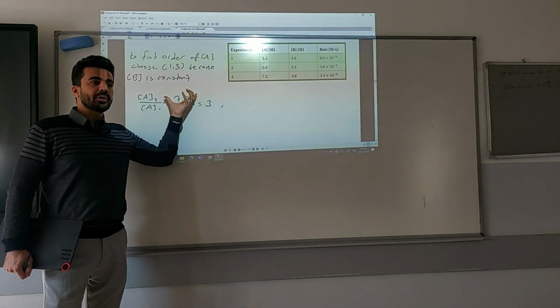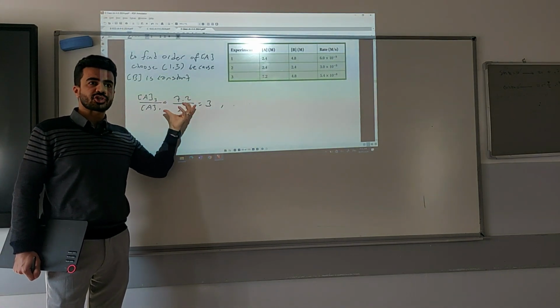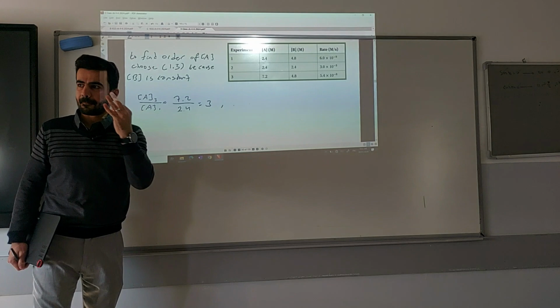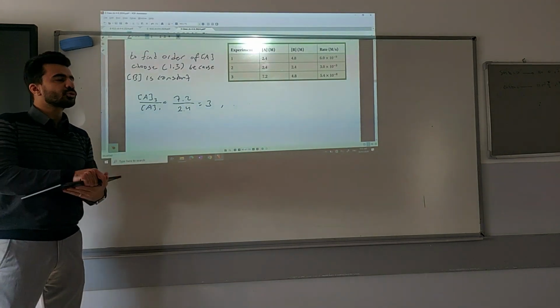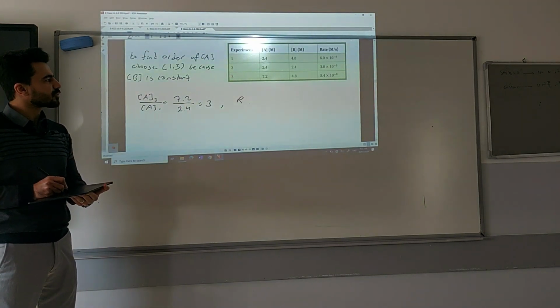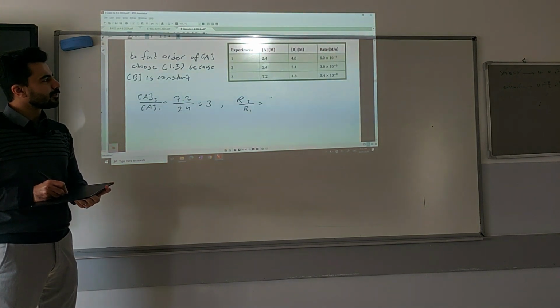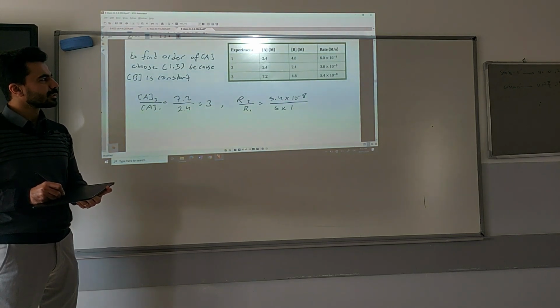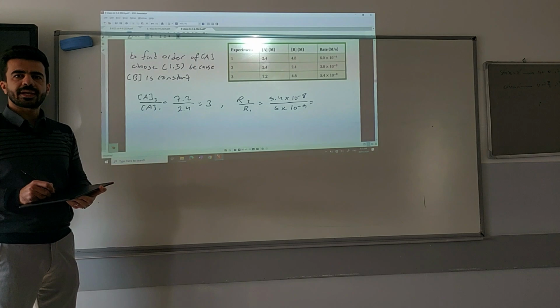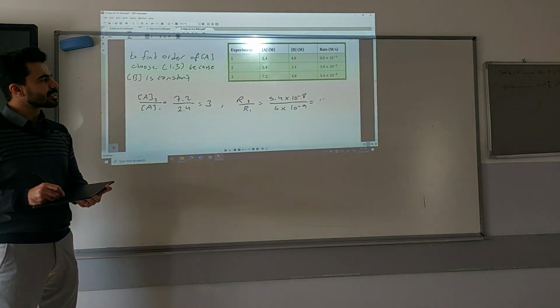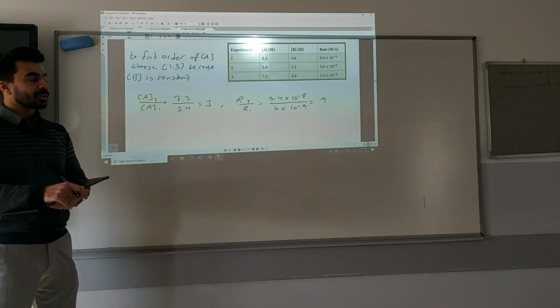So it means that when we change the concentration by 3 times, what has happened to the rate? The rate changed from the first to the third: 5.4 times 10 to the power of negative 8 over 6 times 10 to the power of negative 9. In this case, it will be 9.